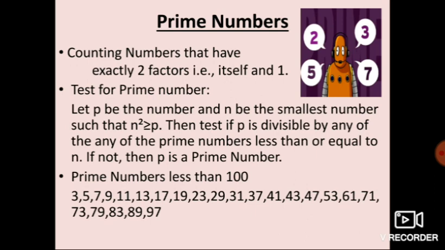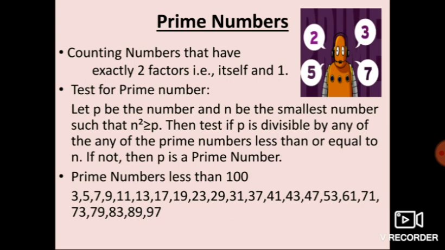We can say 3, 5, 7, which are given at the bottom of the page. But for bigger numbers, it is difficult to find whether it is prime or not. So here's a simple test to find out whether a number is prime or not.